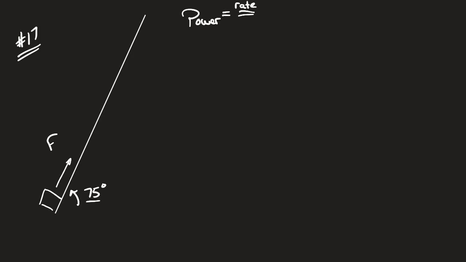I've emphasized this already, so I'm just going to emphasize it a little bit more. Velocity is the rate your position changes, x over t. Acceleration is the rate at which your velocity changes, v over t. So power is the rate at which work is done, which means power is work over time.